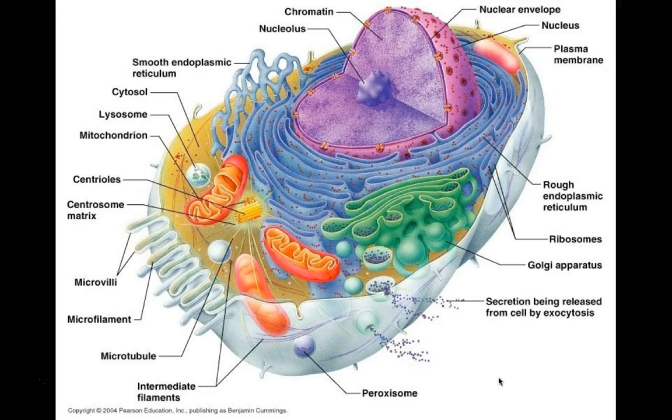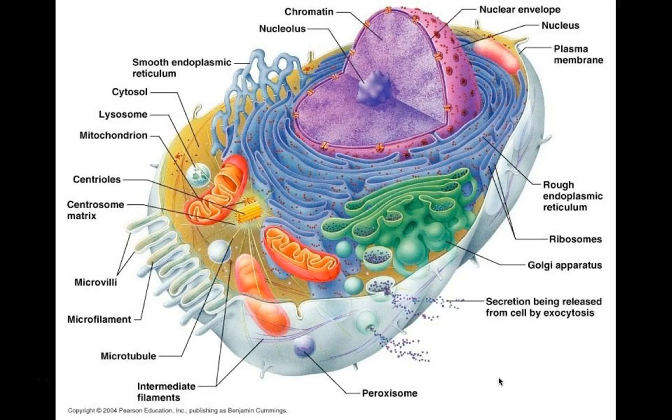The nucleus is the location of hereditary material in the form of chromatin, which is a combination of DNA and proteins. The chromatin, for the most part, is arranged in a very lacy arrangement, very loosely held together inside the nucleus as it's being used for the everyday function of the cell.